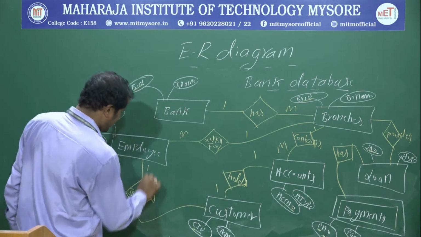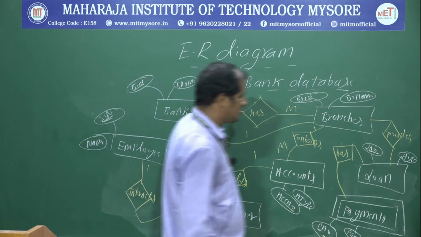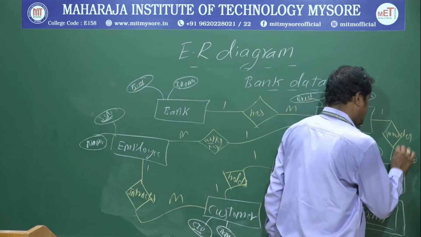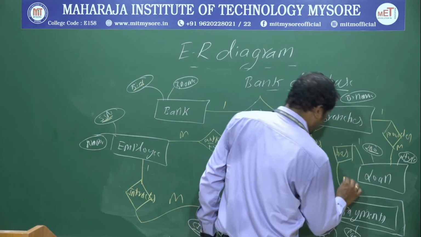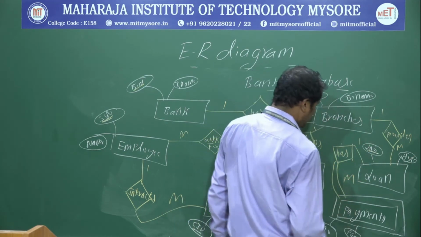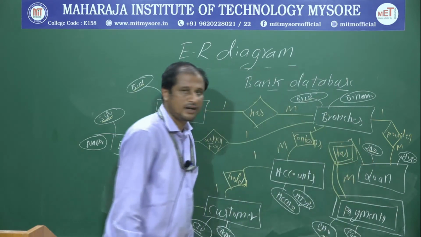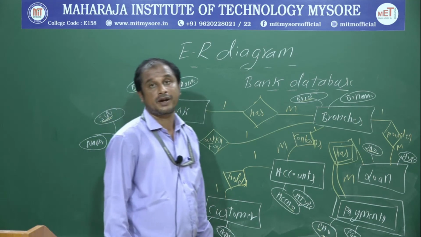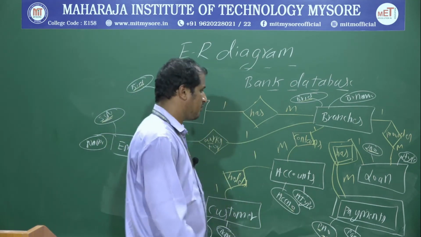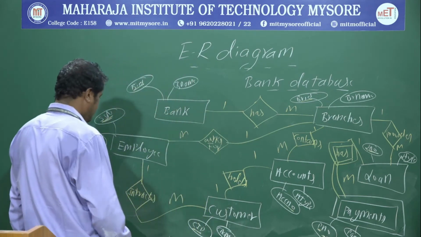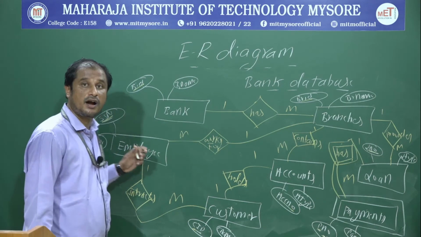One employee interacts with many customers. One branch provides many loans. One loan has many payments. Because of the weak entity, I need to give the relationship with a double line, a double line for the participation constraint, and a double line for the entity. So I provide the cardinality ratio.